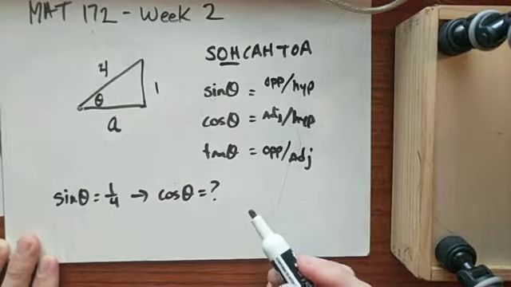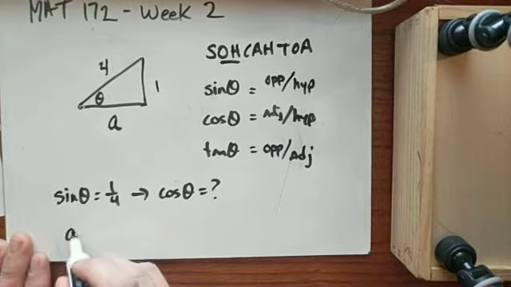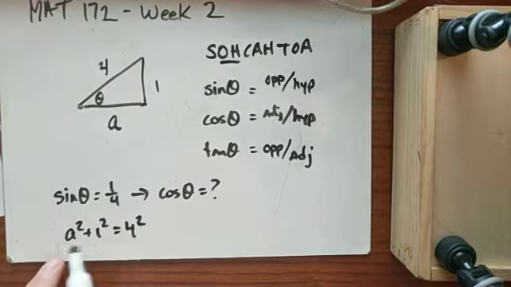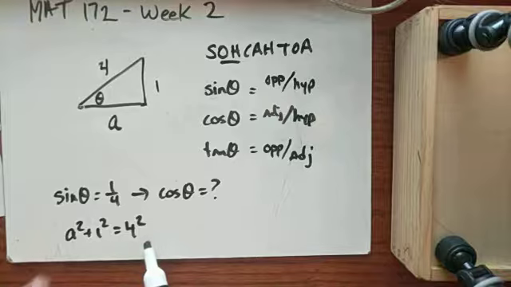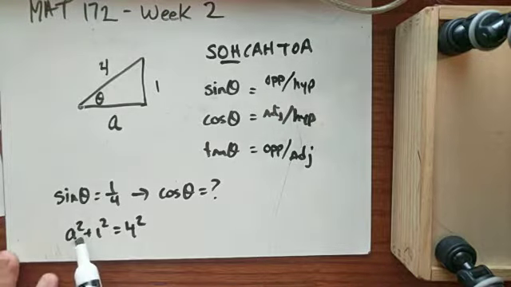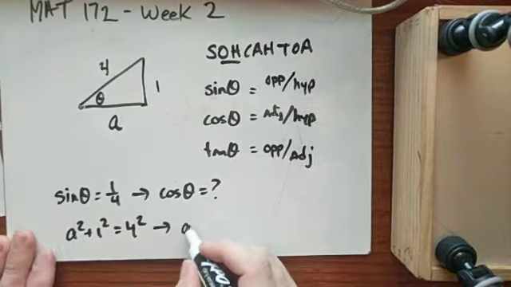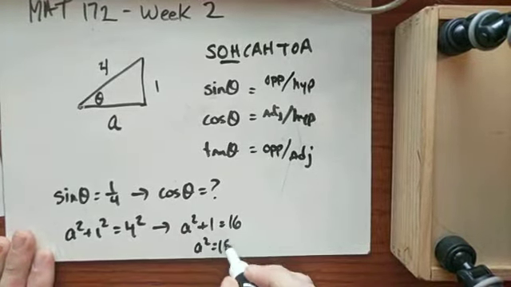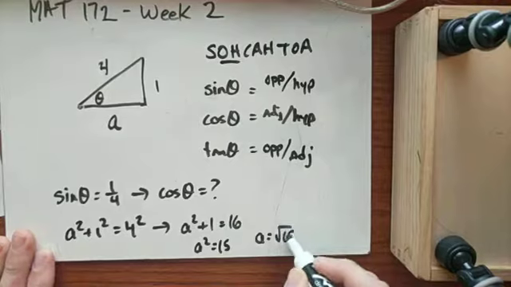So I would do a squared plus b squared equals c squared. What's that called? What am I using? The Pythagorean theorem. Very good. So this leads to a squared plus 1 equals 16, and a squared is 15, and a would be the square root of 15.